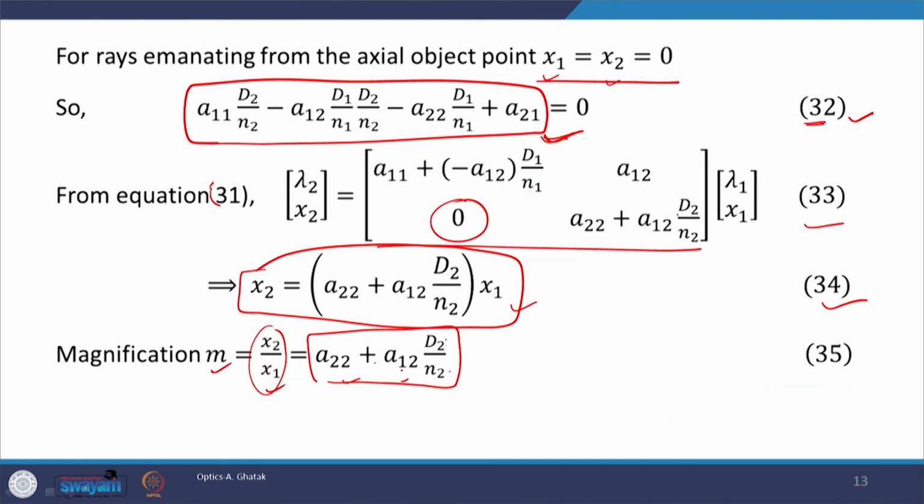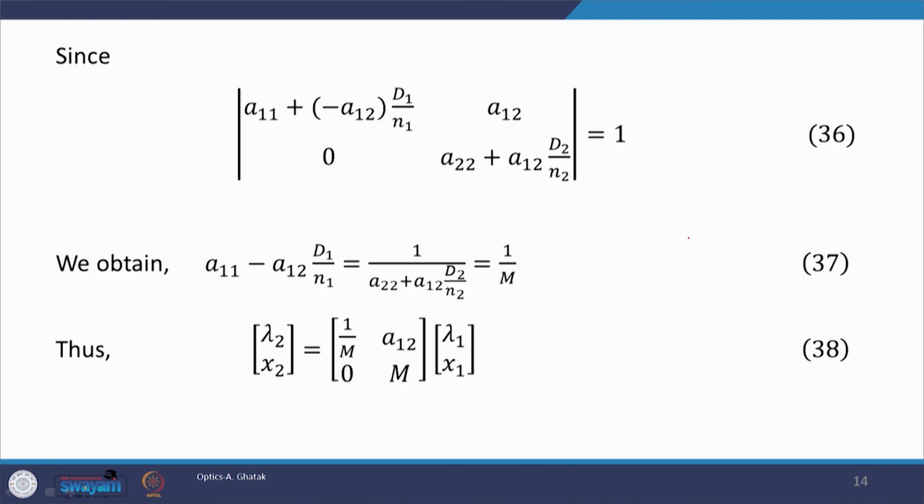This is our matrix, the system matrix. The second condition is that its determinant must be equal to unity. Now, let us exercise this second condition, that the determinant of the system matrix must be equal to unity.